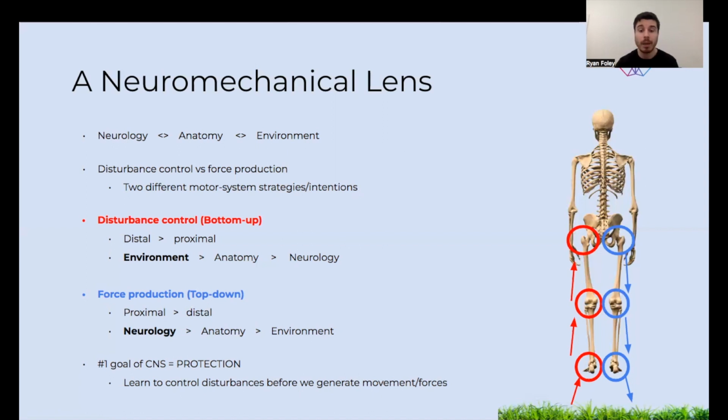Okay, and a common example of this is when someone experiencing low back pain or low back discomfort is expressing high levels of muscle activity, for example, around their trunk when they're going for a walk. In that scenario, it should be the distal tissues that are managing those direct forces from the external environment. And we need to step back and say, okay, well, do the distal tissues have the capacity to manage those forces?